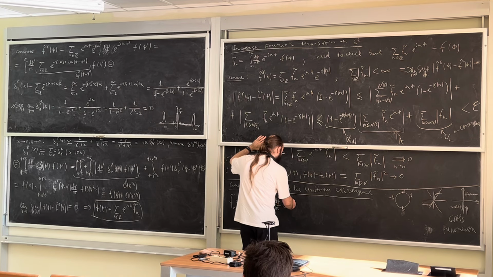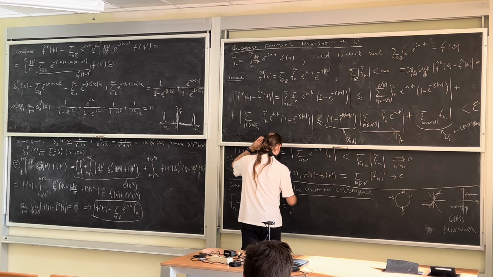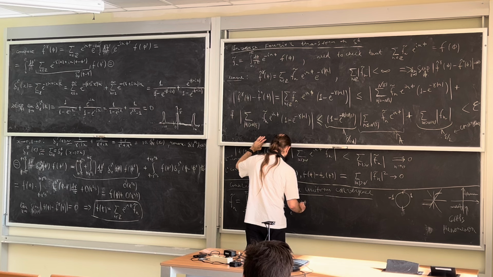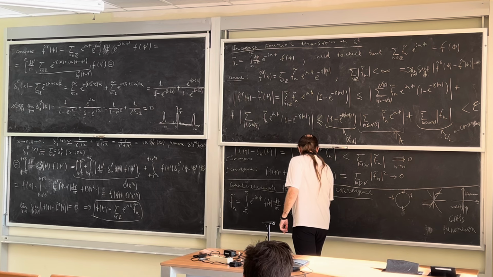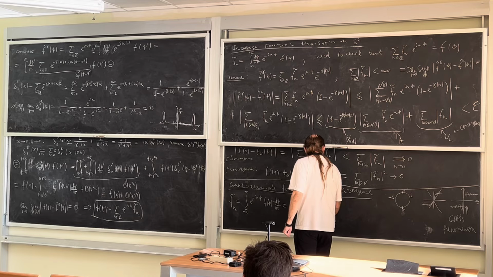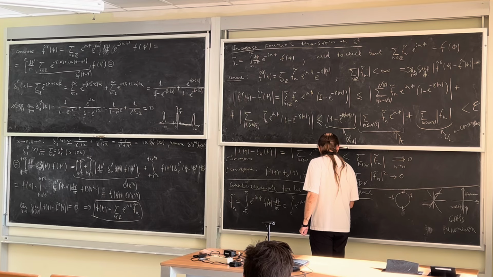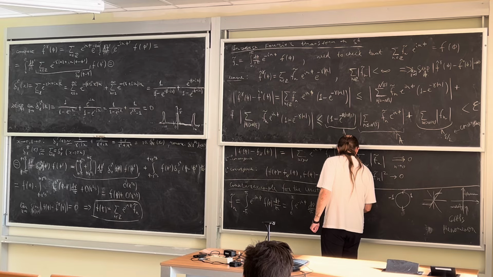So it equals the integral from 0 to pi of e to the minus i n phi d phi over 2 pi, minus the integral from minus pi to 0 of e to the minus i n phi d phi over 2 pi.